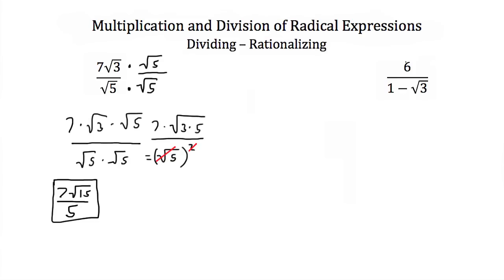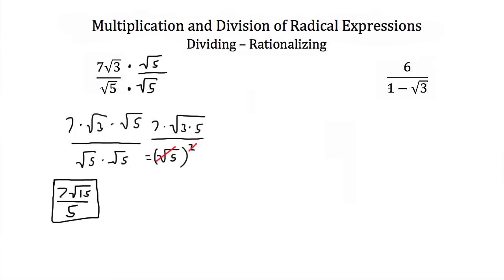Here we have 6 divided by 1 minus the square root of 3. Now we're trying to rationalize this, or we're trying to get our square roots out of our denominator. Now remember, when we were doing the FOIL method before, and we multiplied two binomials together that were the difference of squares, we eliminated our square root signs.